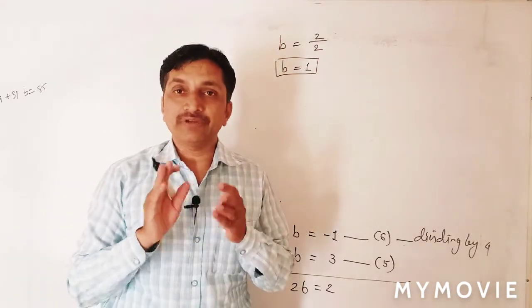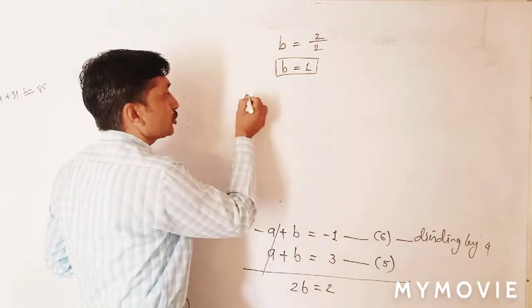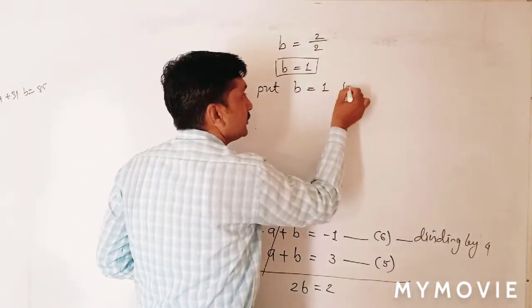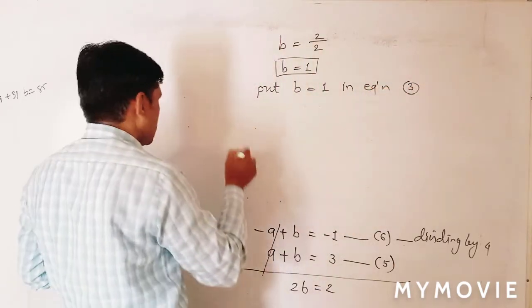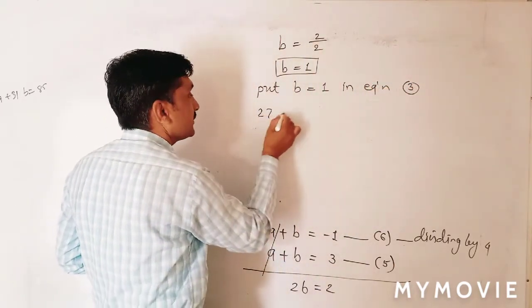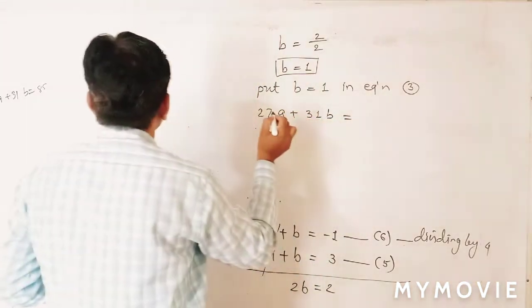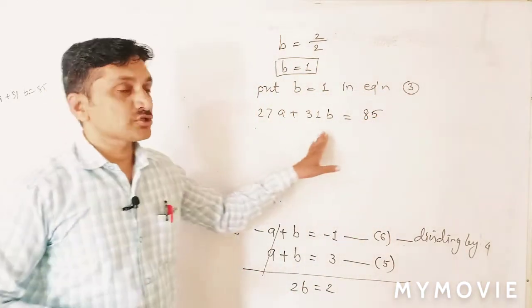To find the value of a, put this value in equation number 3 or 4. Put b is equal to 1 in equation 3. Equation 3 is 27a plus 31b is equal to 85. This is equation number 3.